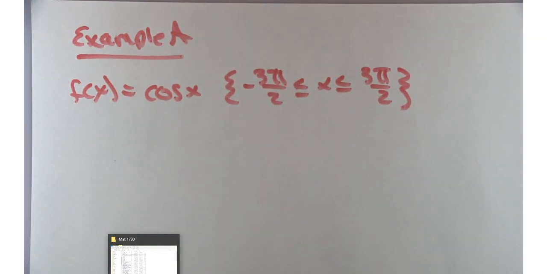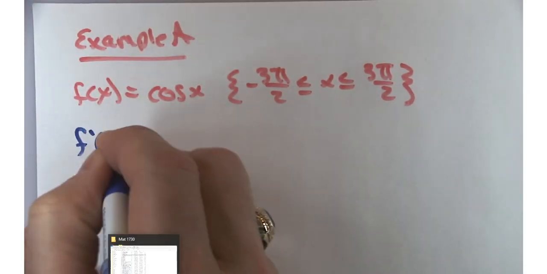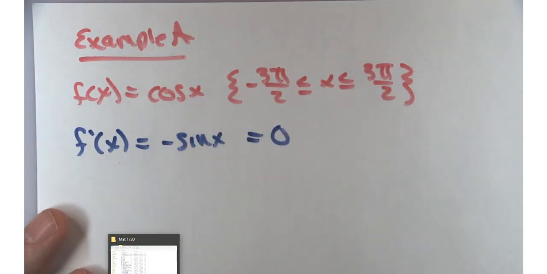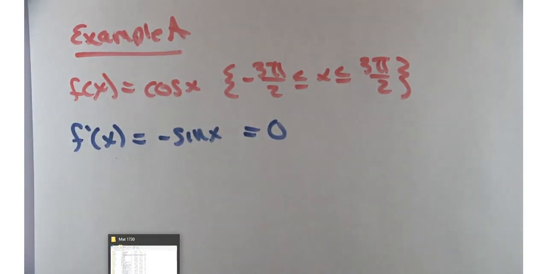Well, the first thing to do is to find where the derivative is actually equal to 0. What's the derivative of our cosine function? Negative sine. Good. So f prime of x equals negative sine of x. And I want to know, where is the sine function equal to 0?